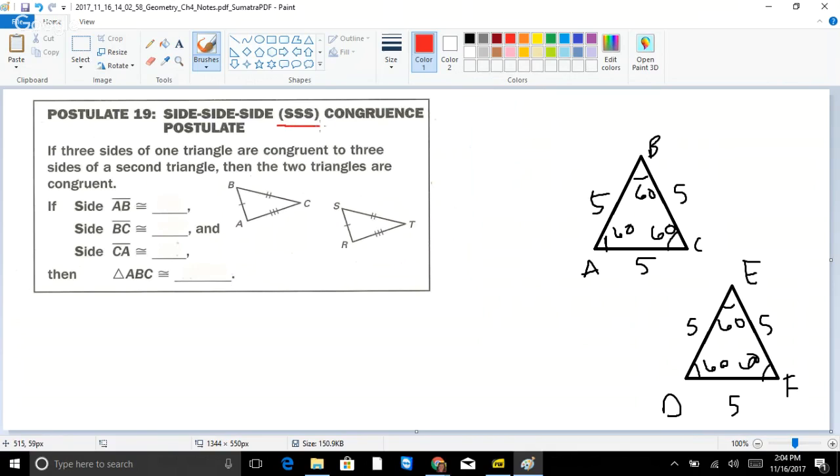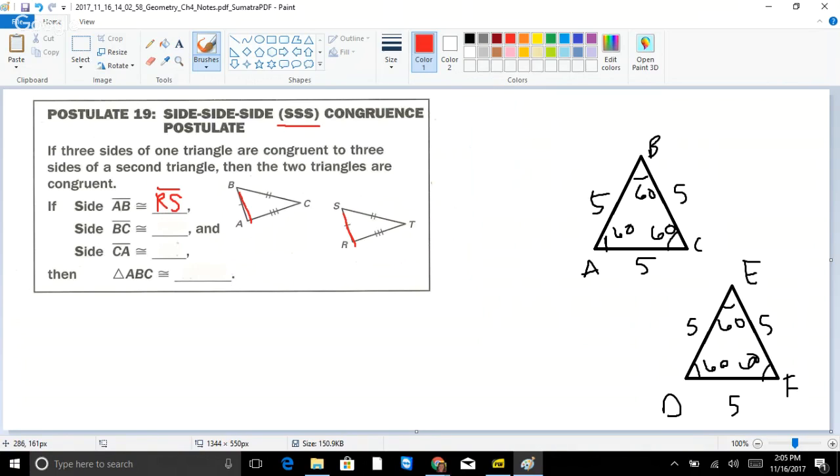Side, side, side. S stands for side, A stands for angle in these postulates, okay? So the side, side, side congruence postulate says we have two triangles, ABC, and looks like we have RST here, okay? So this says that if we have one side, AB, and that's congruent to side RS, okay?